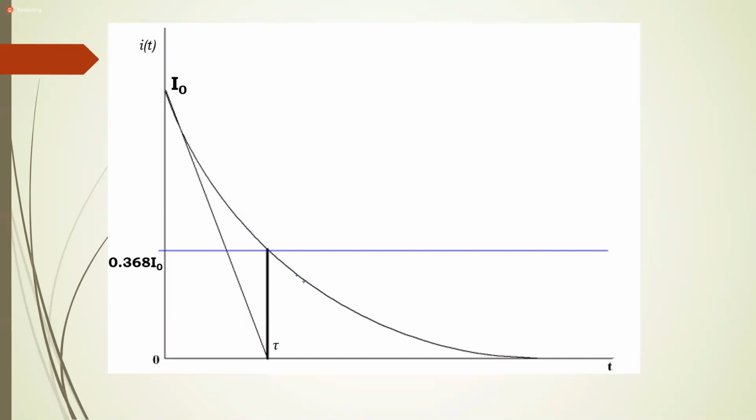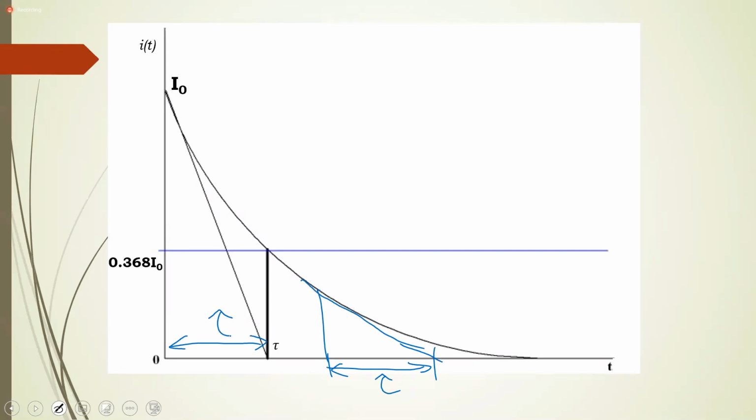So if we were to draw a tangent, the time taken, this time here, would be equal to tau, which drawn to scale, those two times would be equal.